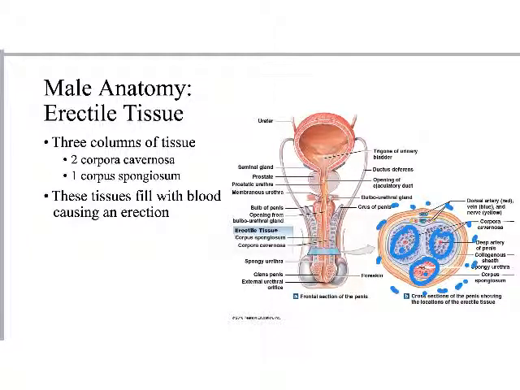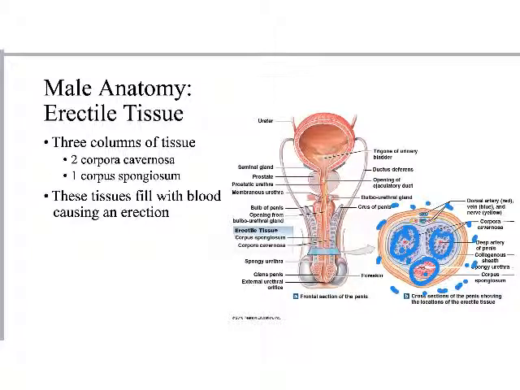And so what's unique about these tissues is that when they are not flooded with blood, they're very soft, flexible, and flaccid. But when blood arrives to the area and fills it, you can see it almost looks like a sponge. When blood comes to the area through stimulation, and we talked about how parasympathetic stimulation causes an erection, that causes this tissue to engorge with blood.